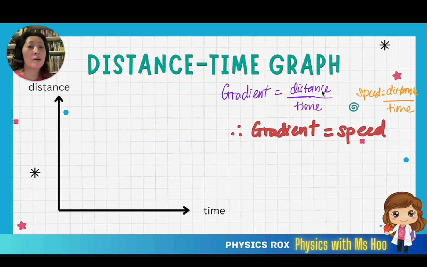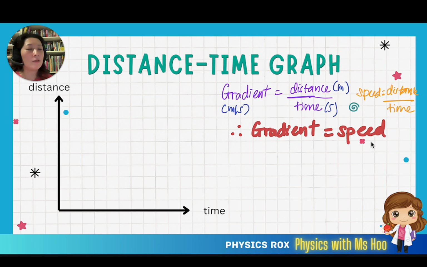And whatever the gradient represents, it represents the speed. So to further prove this, you can also check the units. So let's use the SI units to understand this. The SI unit for distance is meters, while the unit for time is seconds. And this gives us meters per second. Meters per second is the unit for speed, and this further proves that gradient is equal to speed.